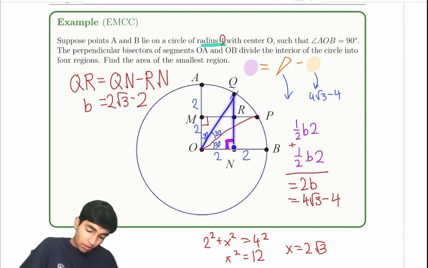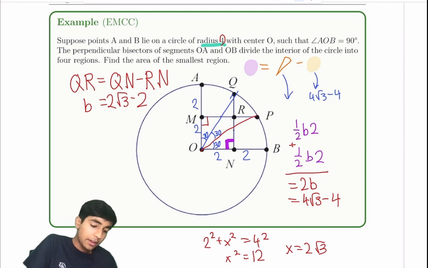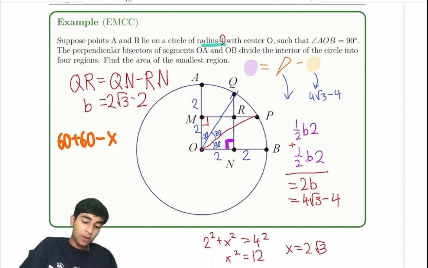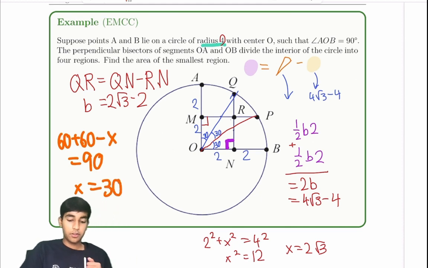And then this angle over here becomes 60 as well, which we also calculated using 30, 60, 90. So then the central part must be 30, so that the whole angle is going to be 90 degrees. And another way of seeing that is 60 plus 60 minus the central angle: you add both of them up, you subtract the central angle to get 90, so x is 30 from here as well. So there's two different ways to do that.